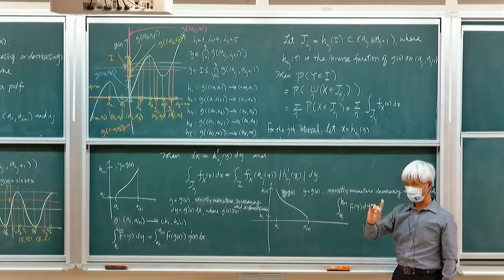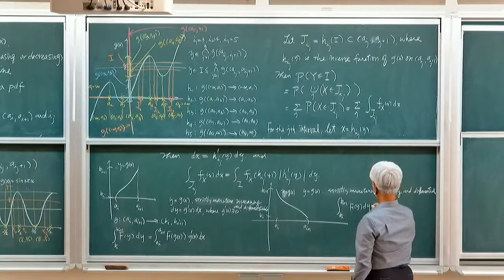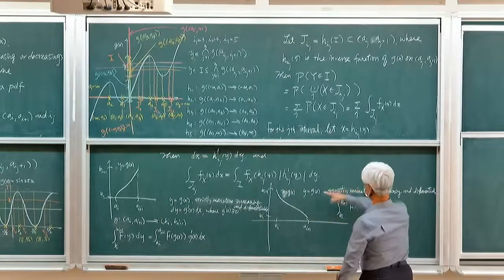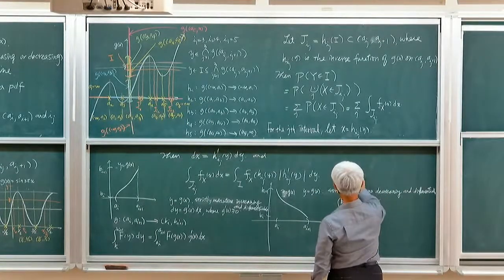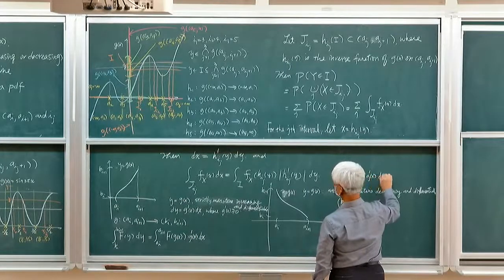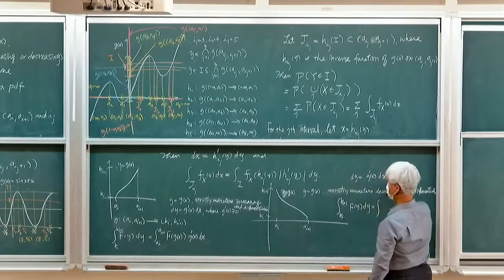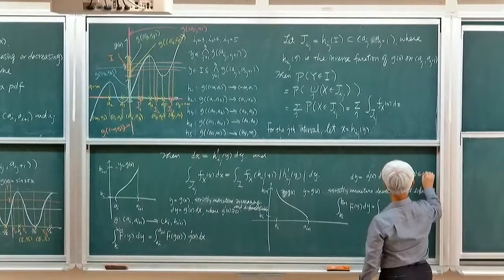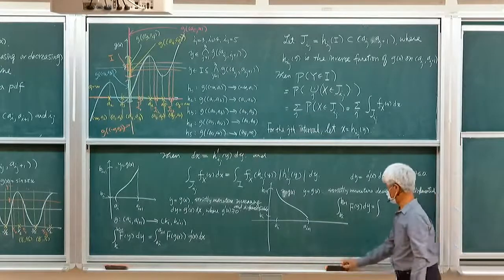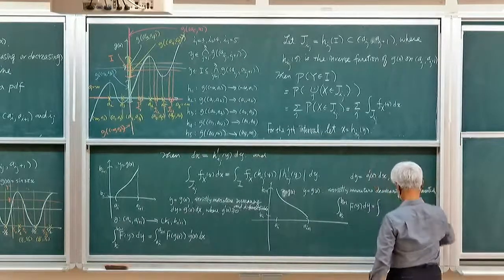But when we do the change of variable here, dy becomes g prime of x dx. Now, g prime of x would be less than or equal to 0, but I'm sorry, it cannot equal 0.